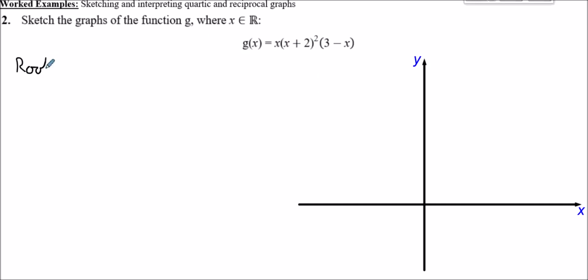So just by inspection, we have roots at x equals 0 for this one here, and over here there's going to be a root where x is equal to 3. This one here, because it's a linear expression in a bracket squared, that denotes a repeated root. So we're going to have a repeated root for this one.